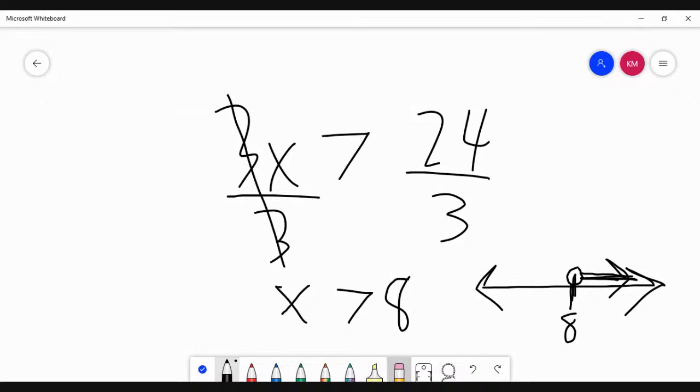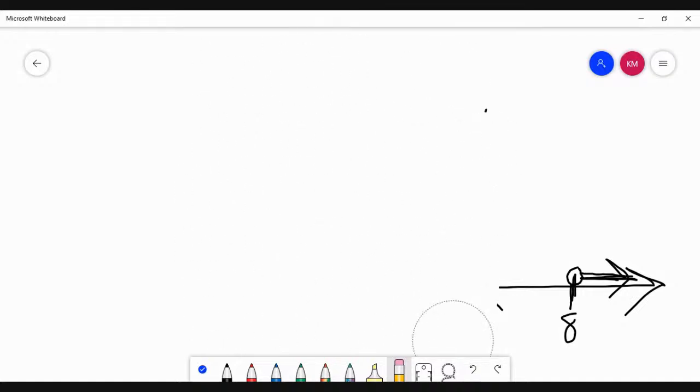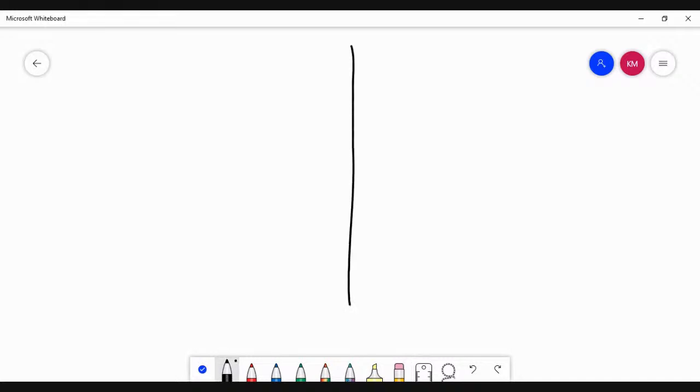Now, there are 2 things in inequalities that will change the direction of the inequality sign. 2 things will cause the inequality sign to change.